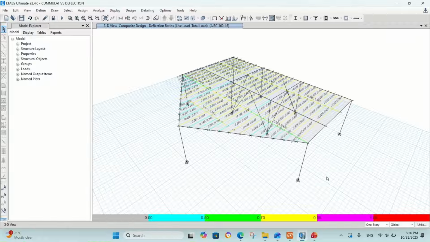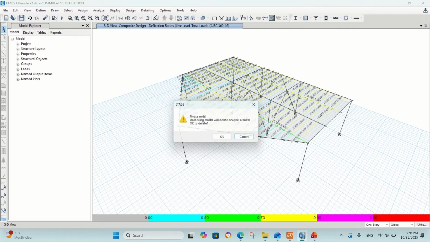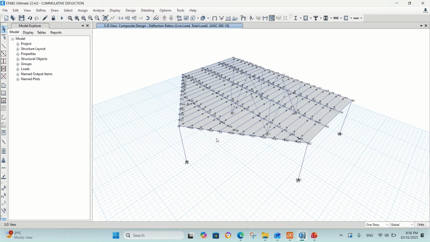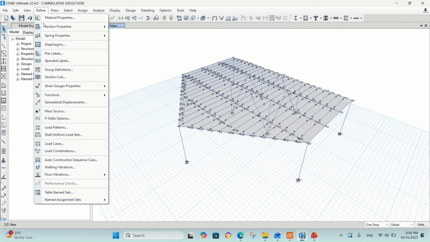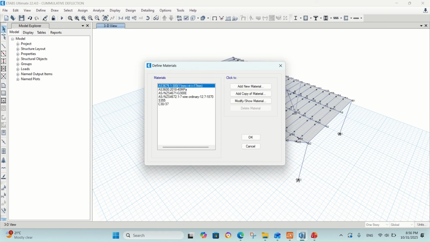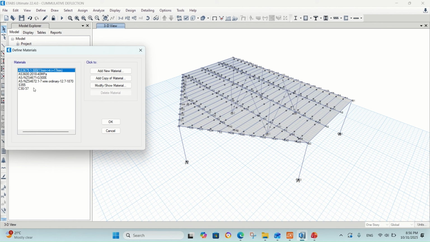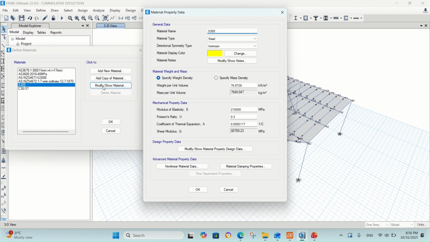So how to solve this issue? We can do it in a very accurate way. We unlock our model and we will go to the material property. In this model, we are using the high grade S355. We show the material and here we will adjust the weight of the steel material only without changing the weight of the concrete.